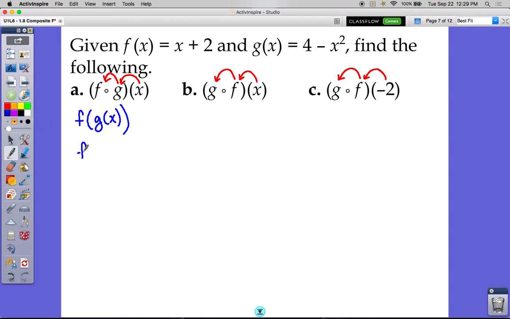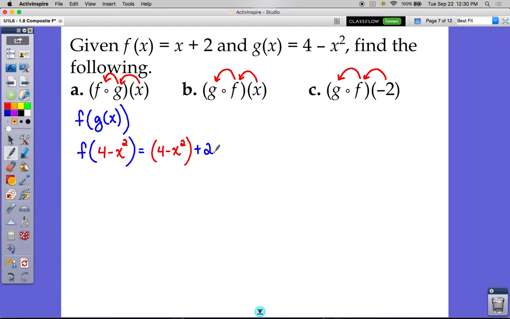This is going to be f of, in place of g of x, 4 minus x squared. So every time I see an x, I'm going to replace that with 4 minus x squared. So in this case, x was that portion of my equation. x has been replaced with 4 minus x squared.